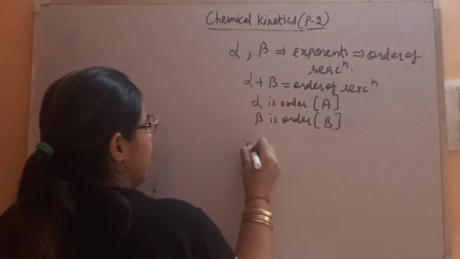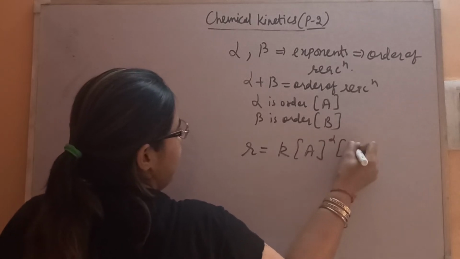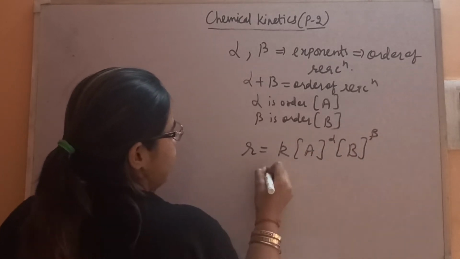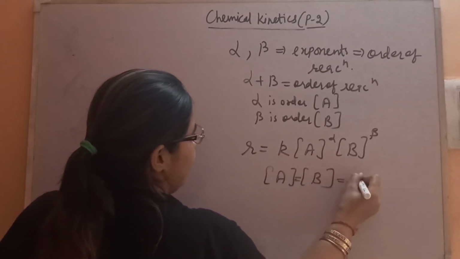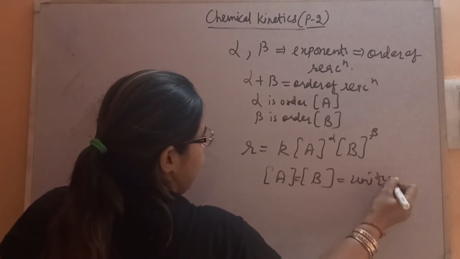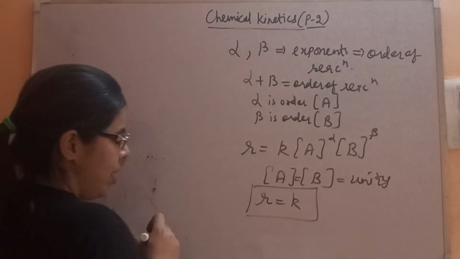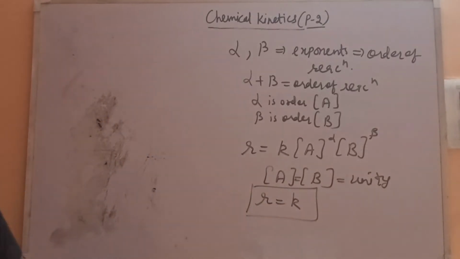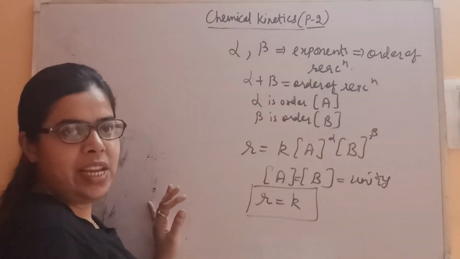Now in the expression rate is equal to K, A raised to the power alpha and B raised to the power beta, let's say if the concentration terms A is equal to B is equal to unity, then in that case rate is equal to K. So how can we define the rate constant? The rate constant of a reaction is defined as the rate of reaction in which the concentration terms are unity.